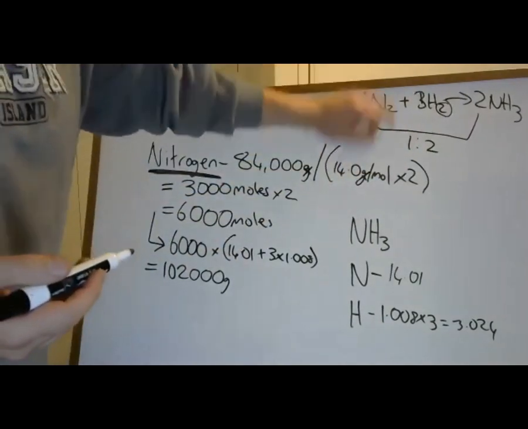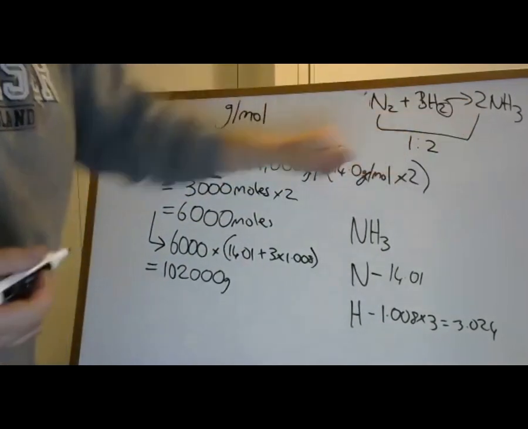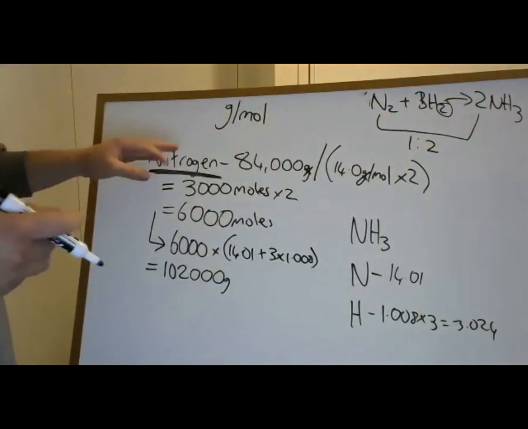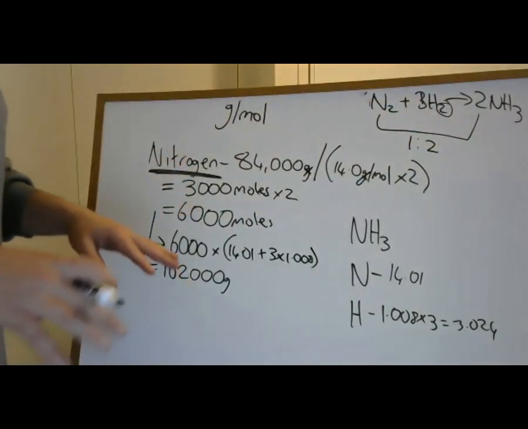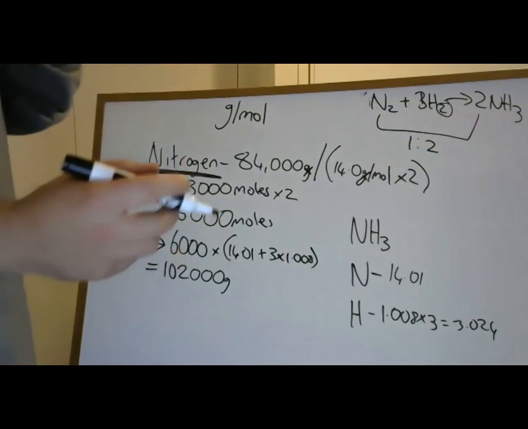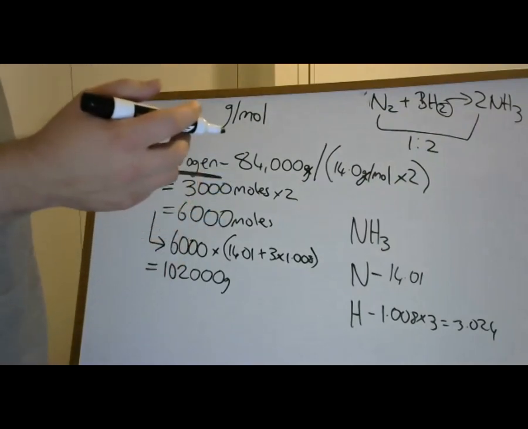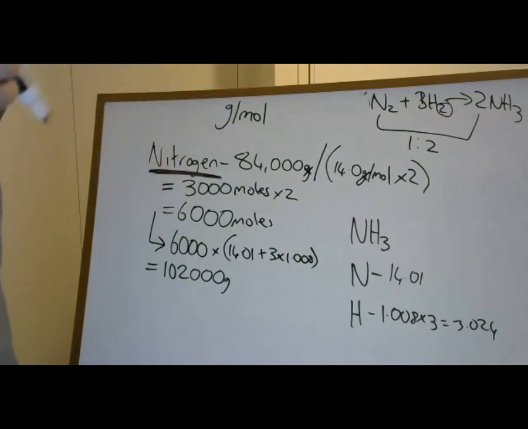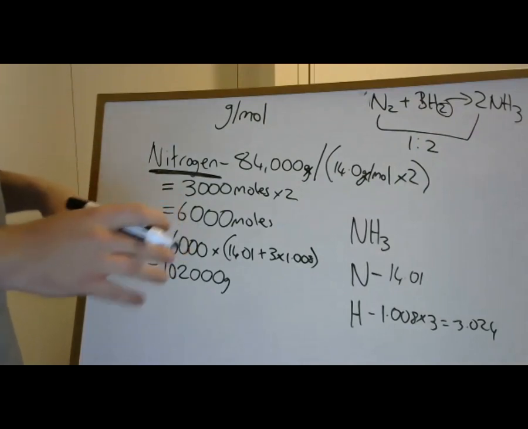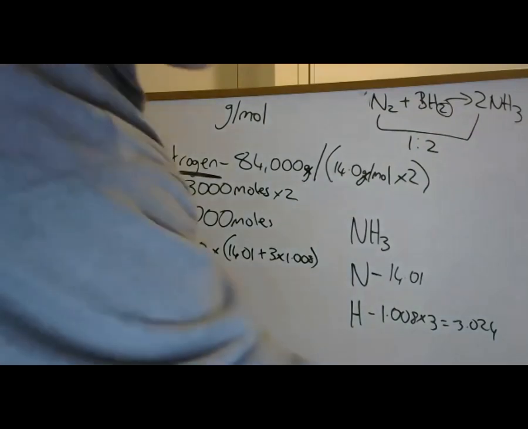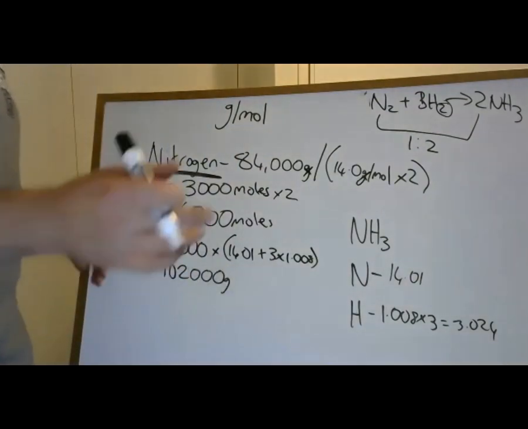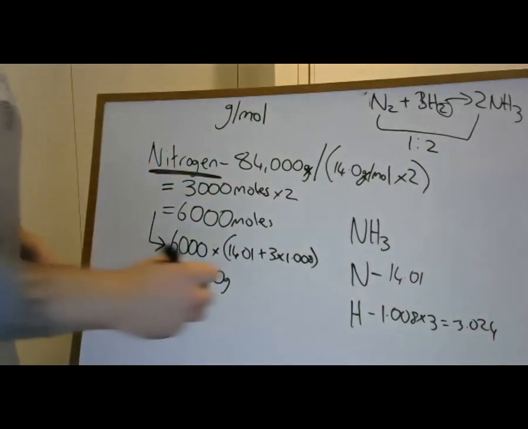So 1 to 2. This is as complicated as this seminar series gets, if that is any consolation. And I will send out the on paper working out for this, which may be a little easier to follow. So 102,000 grams or 102 kilos.